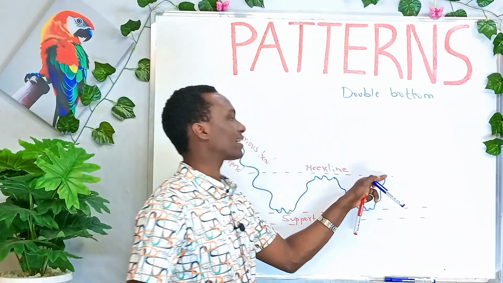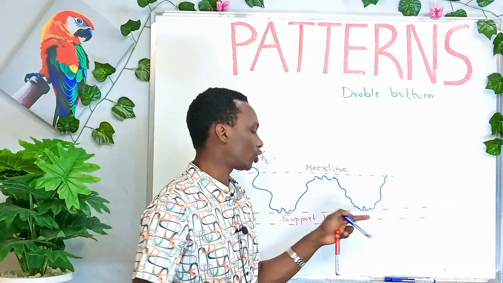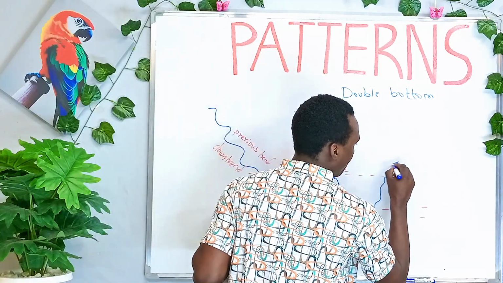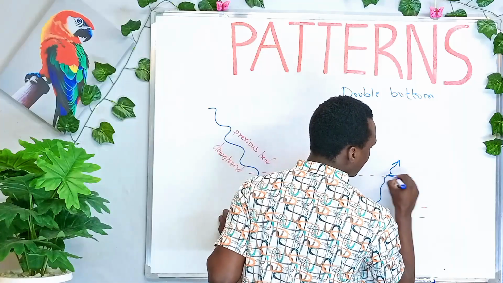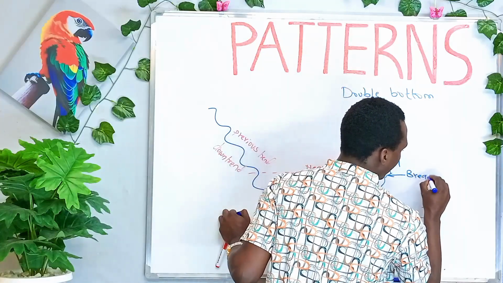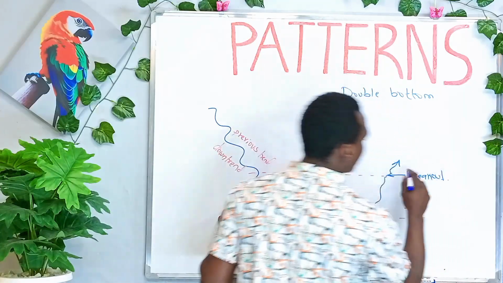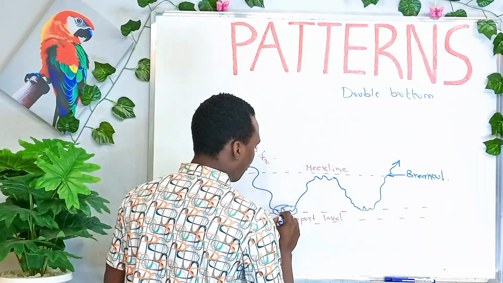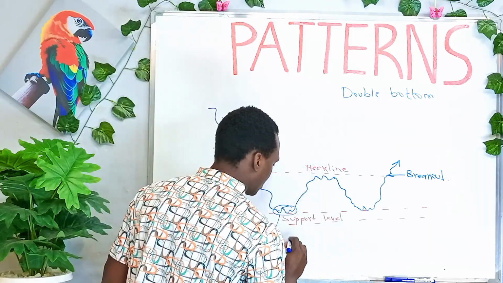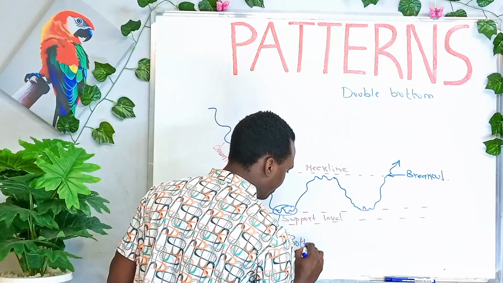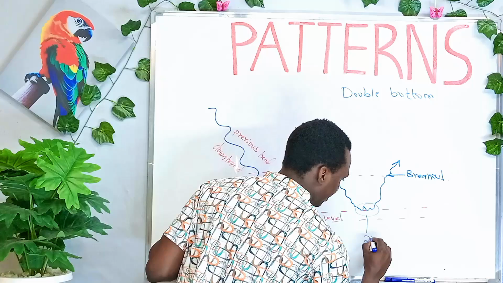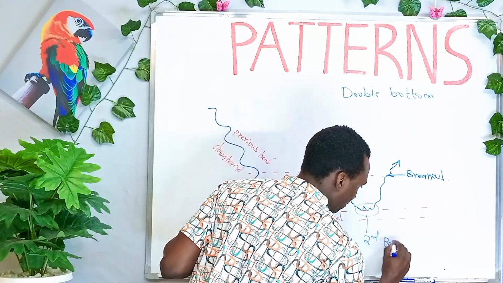If we expect a double bottom to be formed, we expect the price to come and break out of this level, which is the neckline, after forming the first bottom and after forming the second bottom.